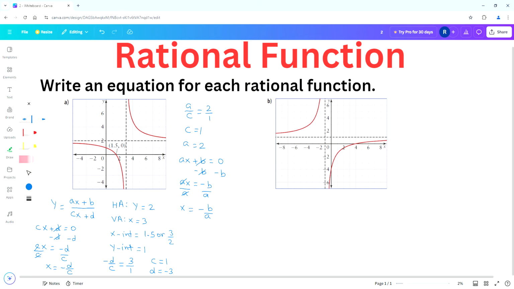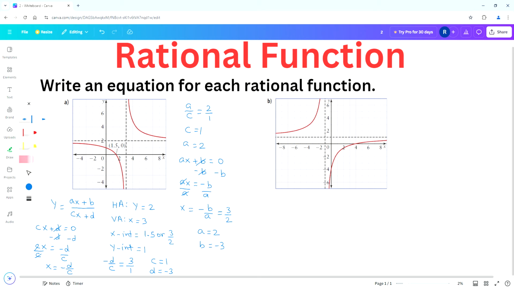I get x equals negative b over a. As per the graph, the x-intercept is at 1.5 or 3 over 2. So negative b over a should be equal to 3 over 2. So as per this equation, a is equal to 2, which we have already found, and b will be equal to negative 3.